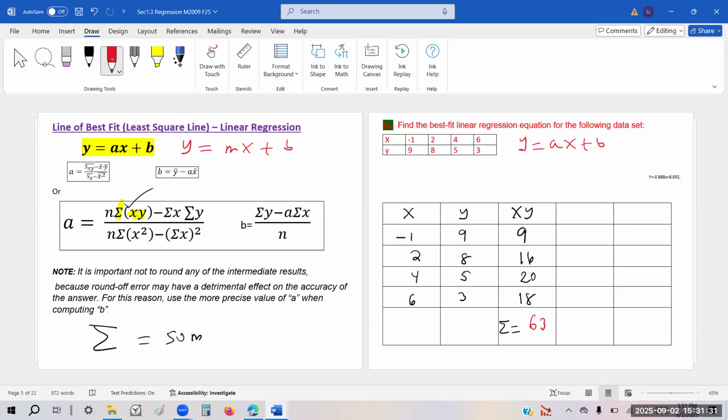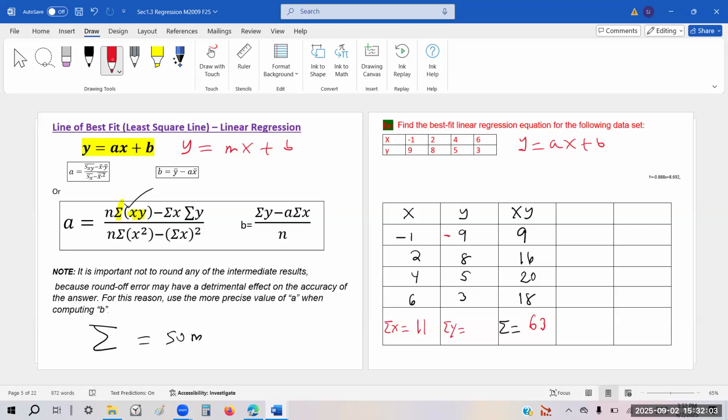Then the formula says find the sum of X and the sum of Y. If we add all of these, 6, 10, 12, minus 1, 11. -9, yeah, thank you.